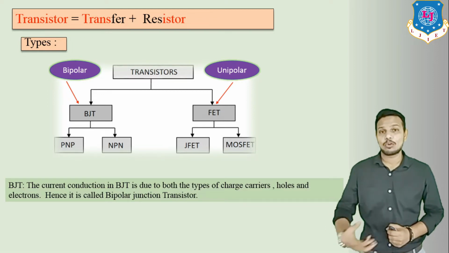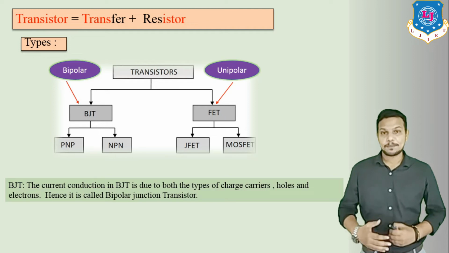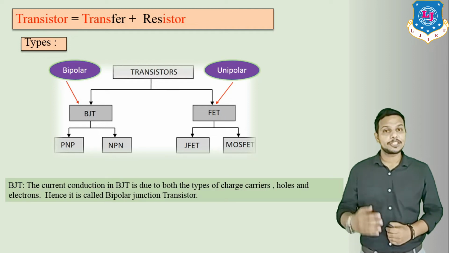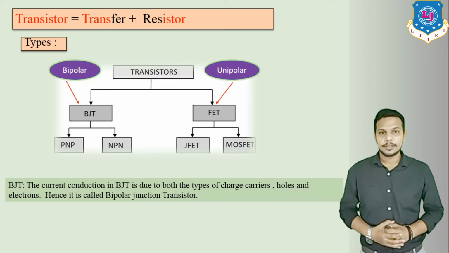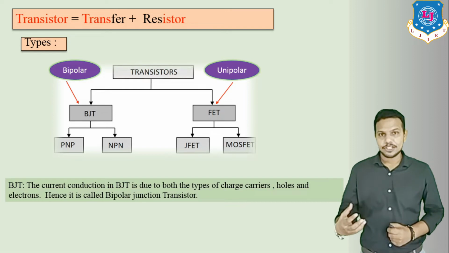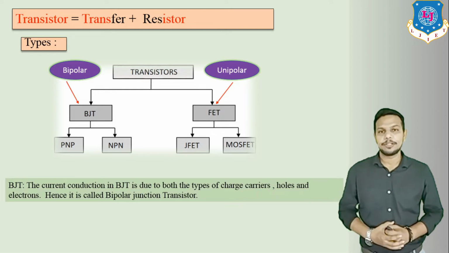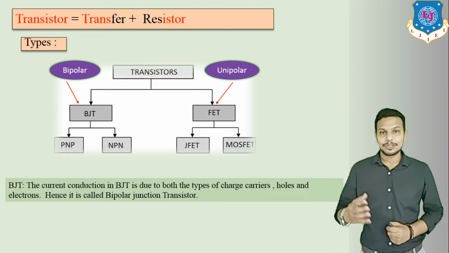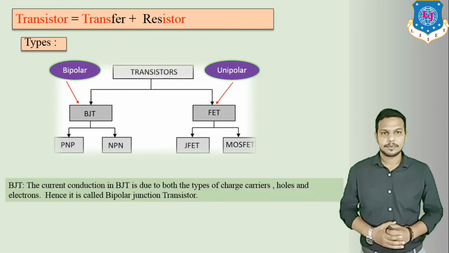So let us discuss BJT. As per its name, bipolar junction transistor, here we are going to use two kinds of carrier charges: one is majority carrier charges and the other is minority carrier charges. Due to this, it is known as bipolar junction transistor.